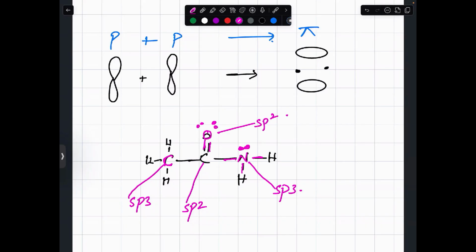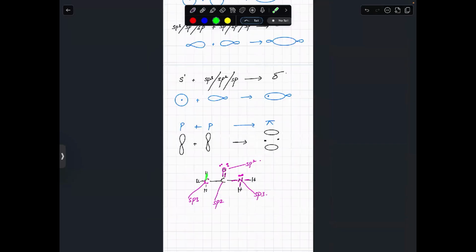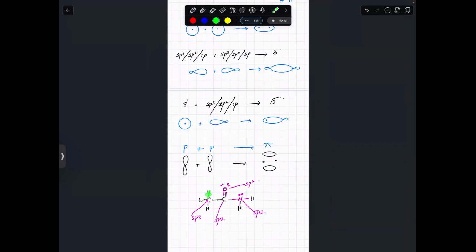sp2. Now, if they ask you to draw these bonds, which one do you draw? This one is sp3 with s, so you draw it this way. This one is sp2 with sp3, this. What about this sigma? sp2 with sp2, exactly the same.